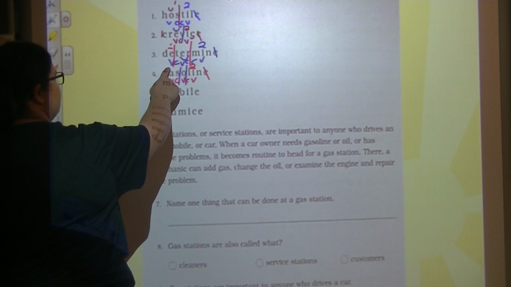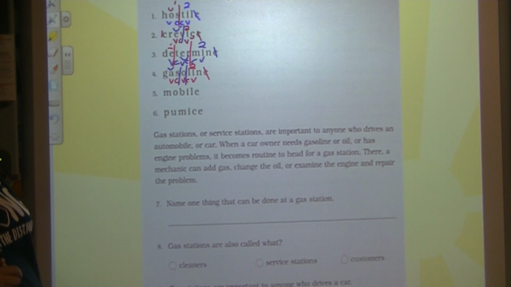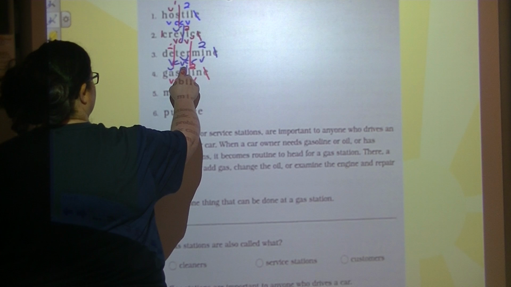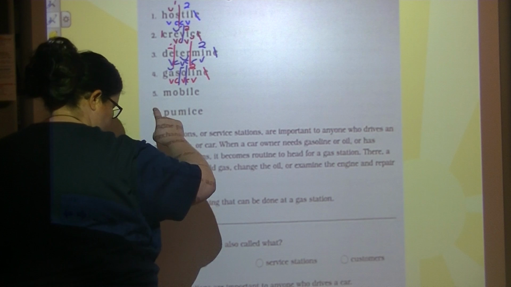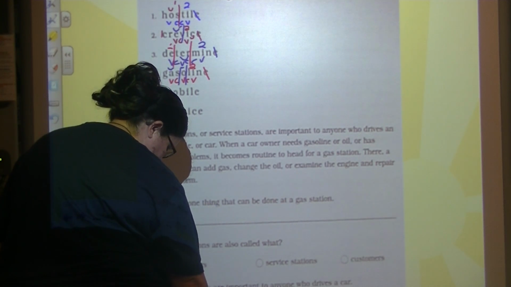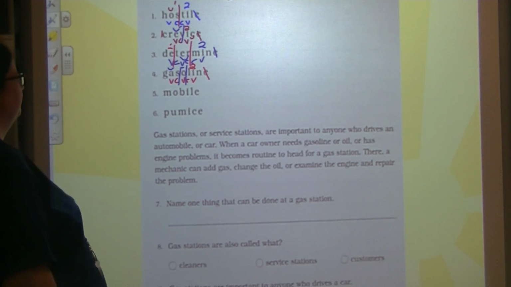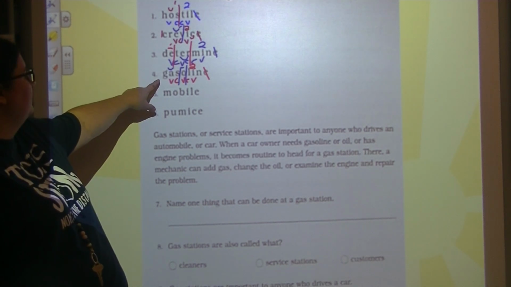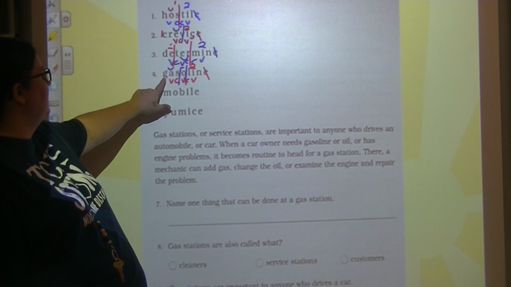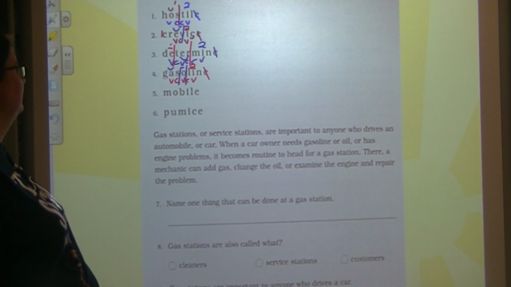So vowel followed by consonant is short. All right, this O is in here all by itself. So that O is going to have what kind of sound? Long. All right. Good. Gas, gasoline.